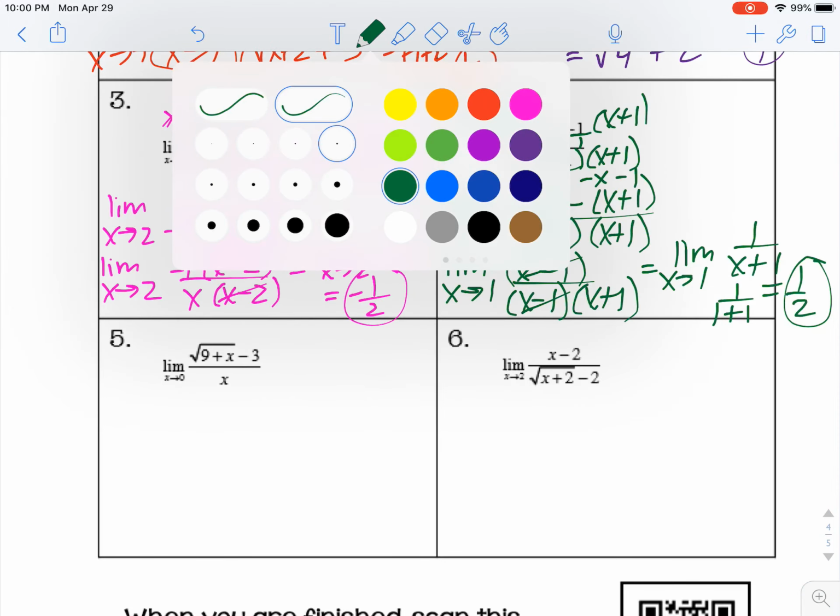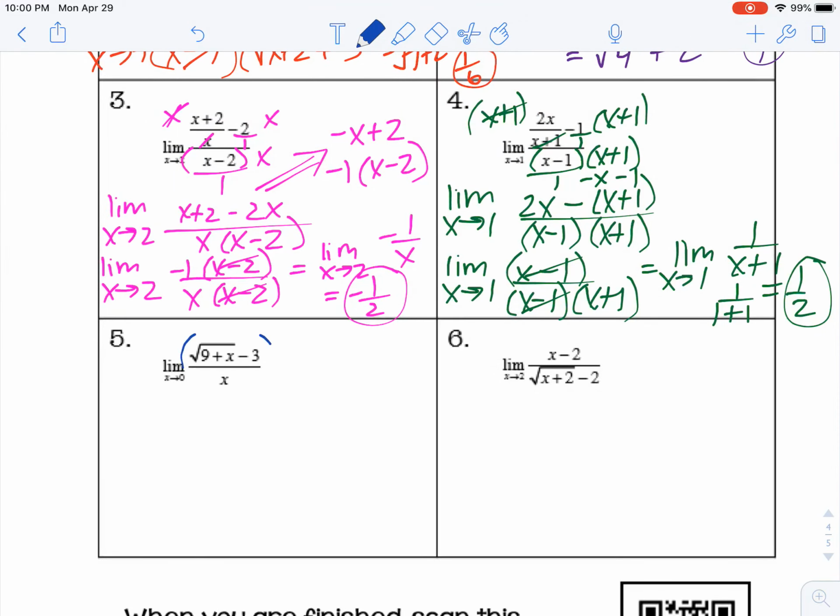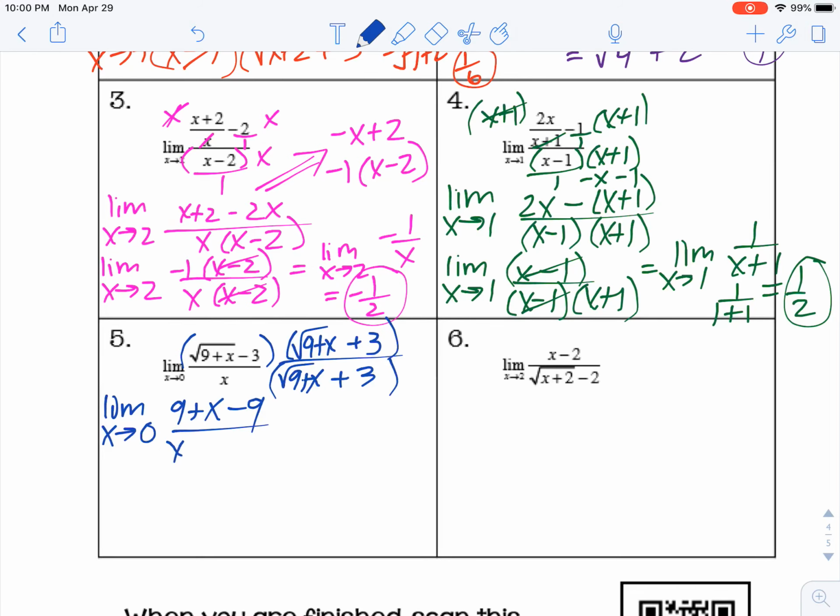All right, last couple. Again, looks like an indeterminate form if we were to sub in. So multiply by that conjugate, try to rationalize either your numerator or denominator, whichever one has the radical in it. Nine plus x minus 9 in your numerator, x times radical 9 plus x plus 3.